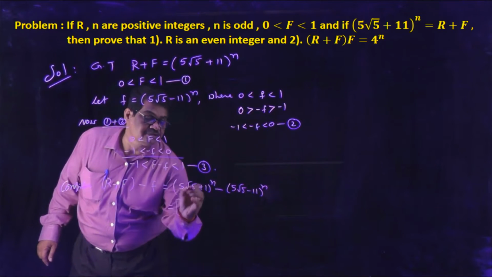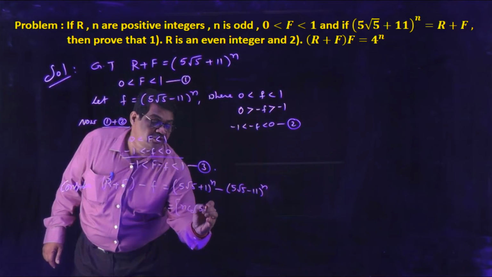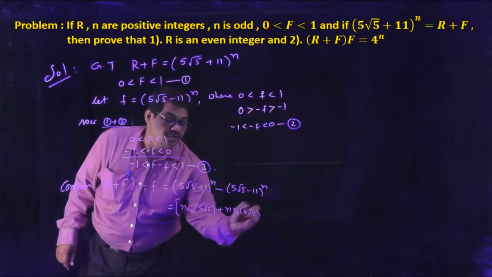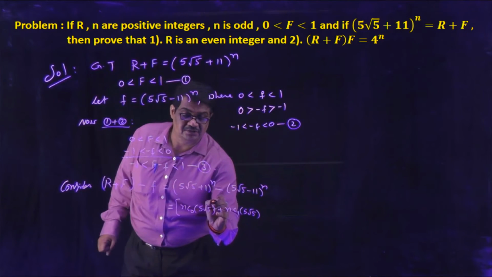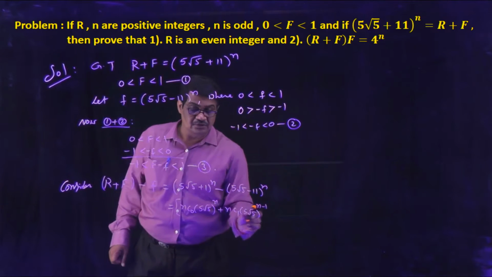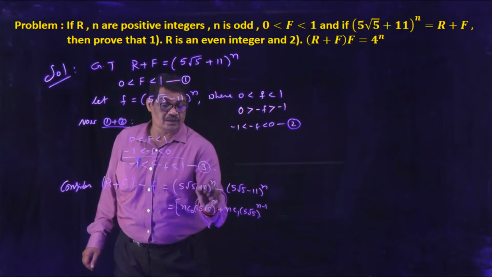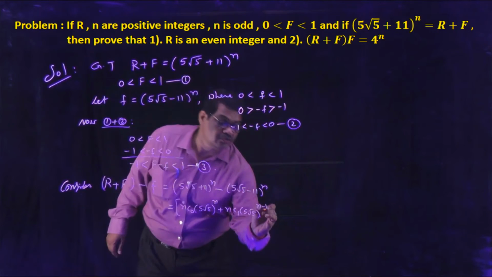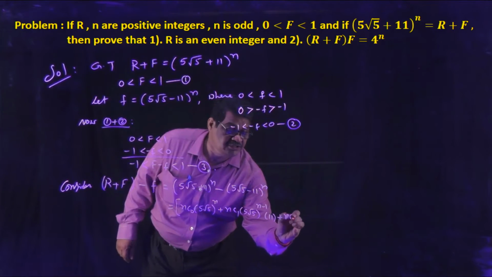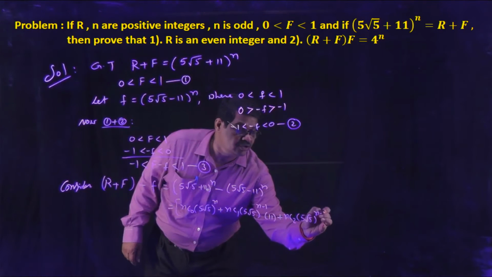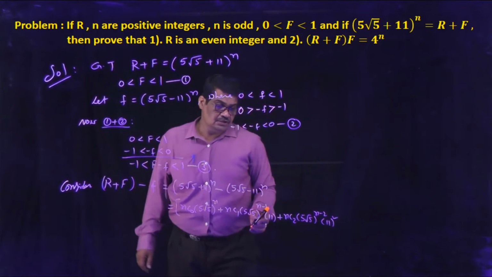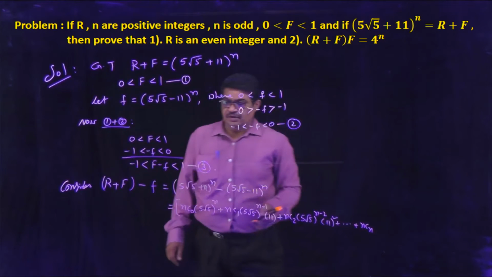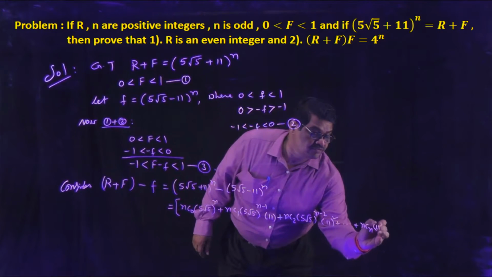This expansion is nC0 5 root 5 to the power of n plus nC1 5 root 5 to the power of n minus 1 into 11 plus nC2 5 root 5 to the power of n minus 2 into 11 square and so on, nCn 11 to the power of n.